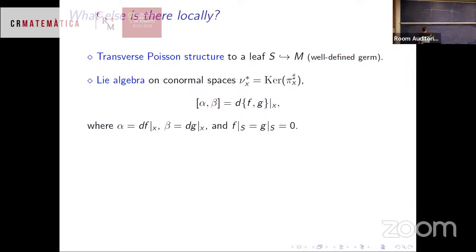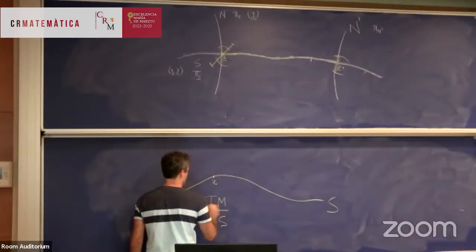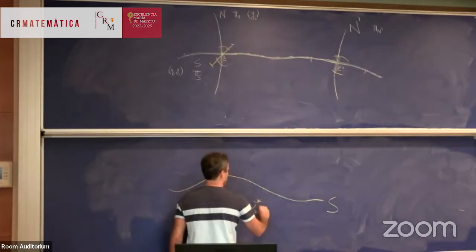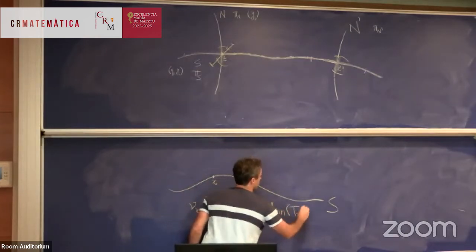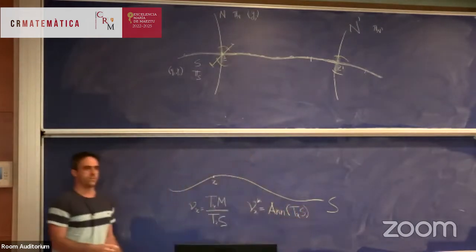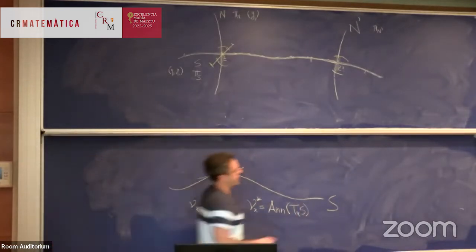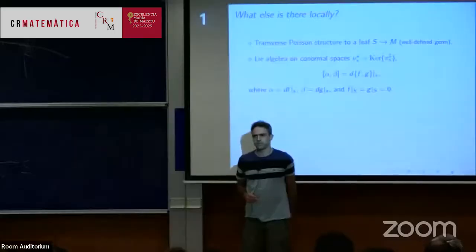You can consider the normal space at that point, and you can consider the conormal, which is just the annihilator of this tangent space, which by the skew symmetry of the bracket coincides with the kernel of this map pi sharp.